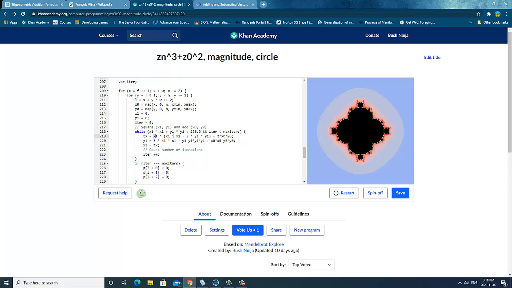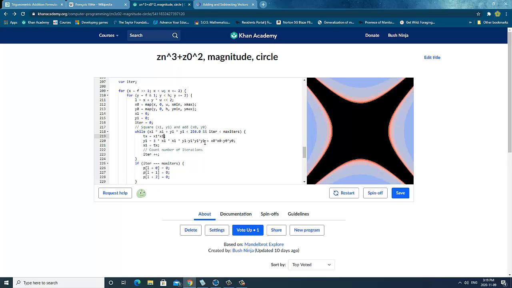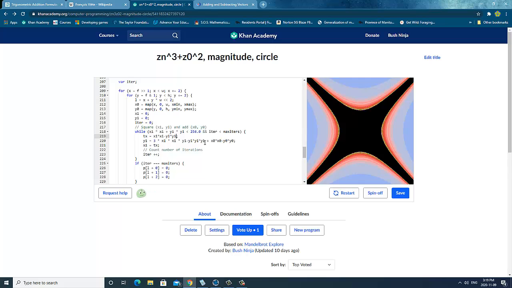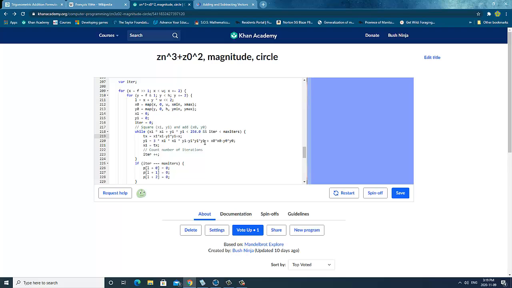Okay, here is your primary function. Let's turn this back into the regular Mandelbrot set. Alright, so we got x1 times x1 minus y1 times y1, y1 squared, x squared minus y squared, and we can do x0 right here.